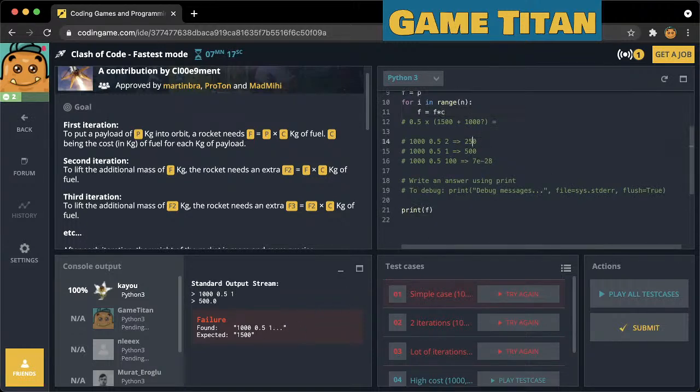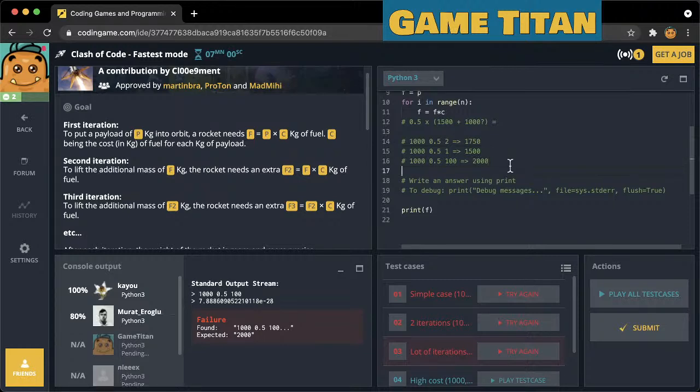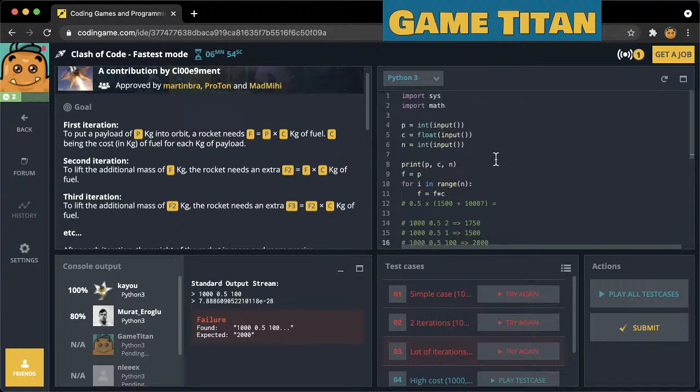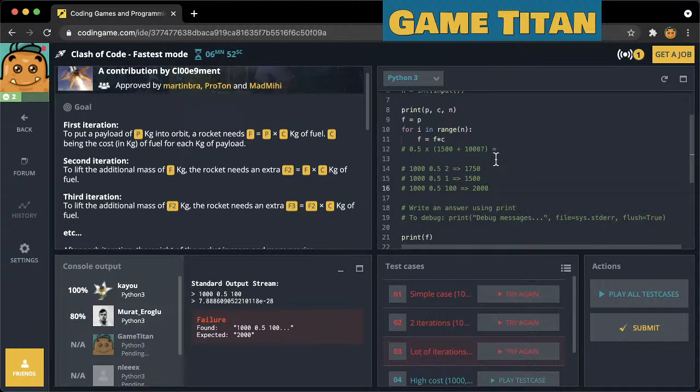Sorry, this is supposed to be 1,500, and this is supposed to be 1,750, and this is supposed to be 2,000. Well, maybe someone else can explain this one to me afterwards.